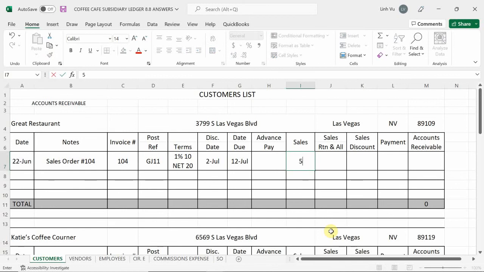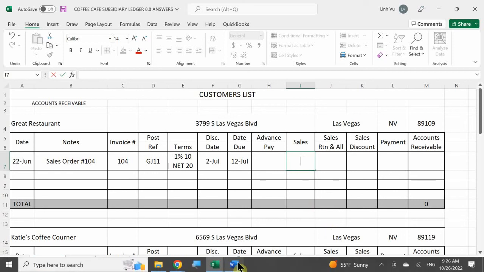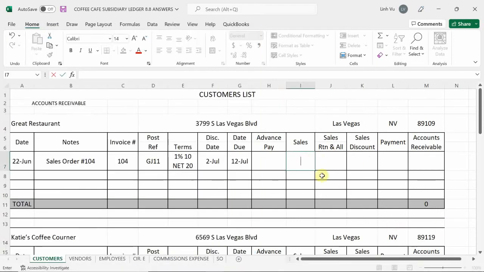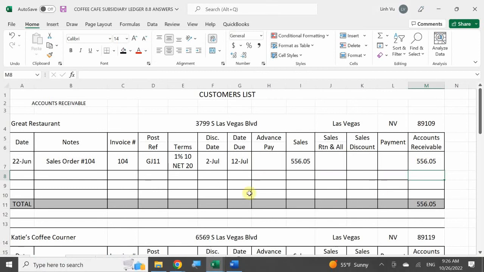How much was the total amount? 556.05. So if you put your formula, sales minus advance pay minus returns minus discounts minus payments, Great Restaurant owes you $556.05.